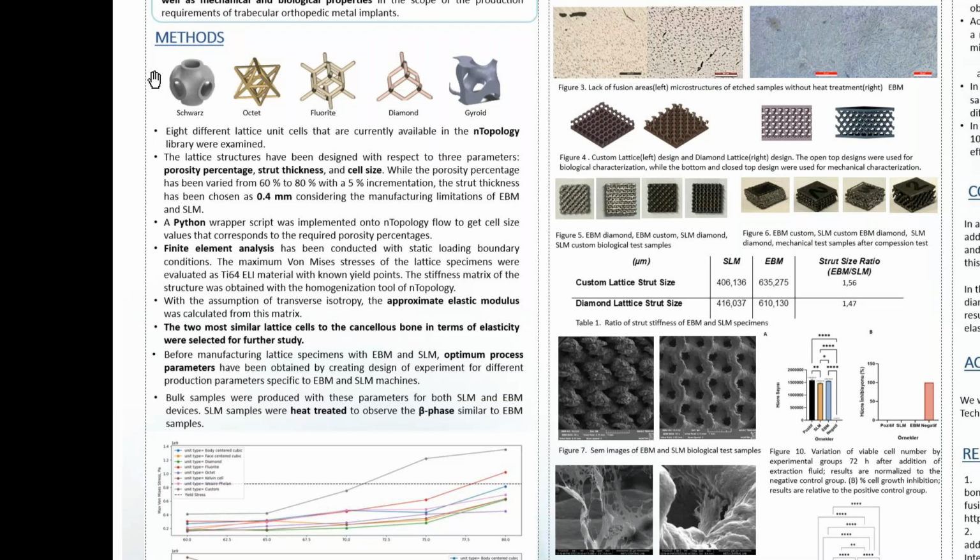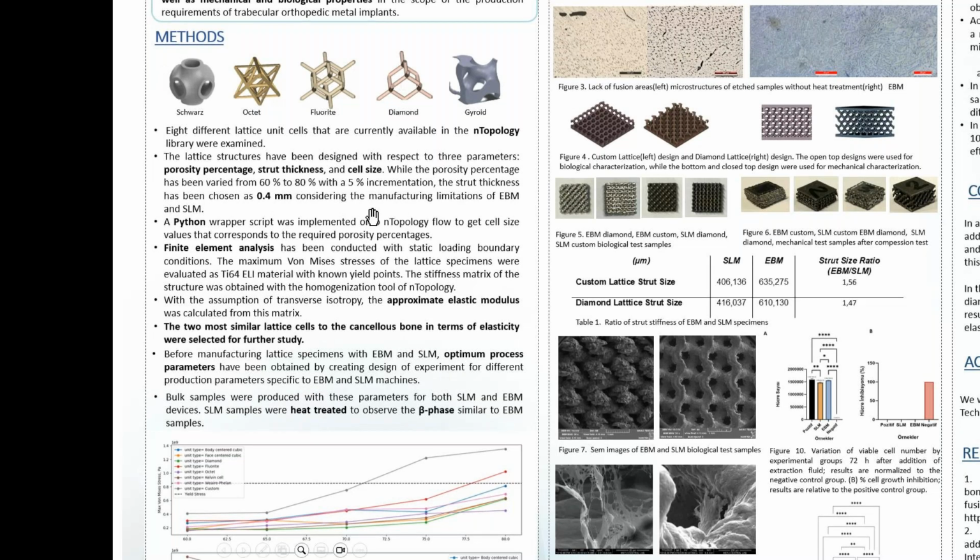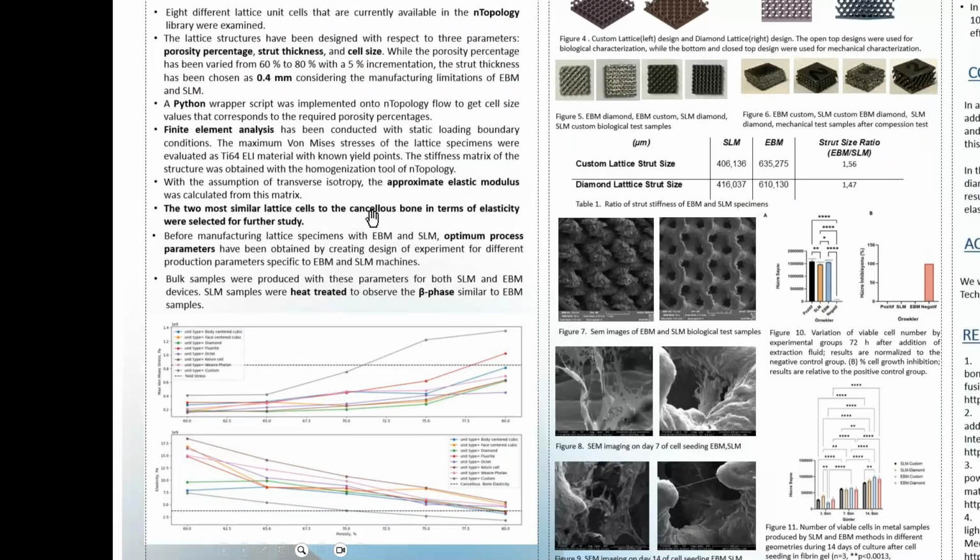The 2 nearest lattices were selected for further study. We produced 2 lattice structures, which are gyroid diamond and a custom unit cell. The custom unit cell is the one we designed.